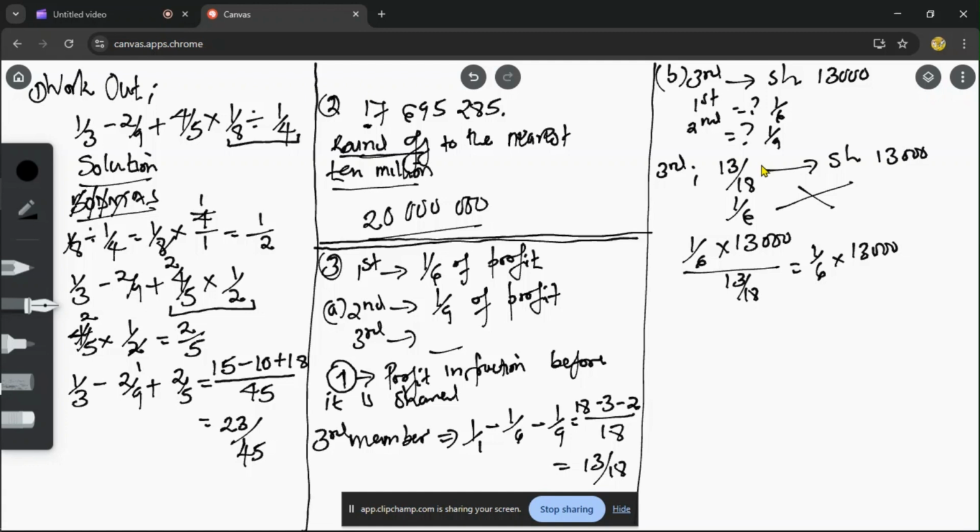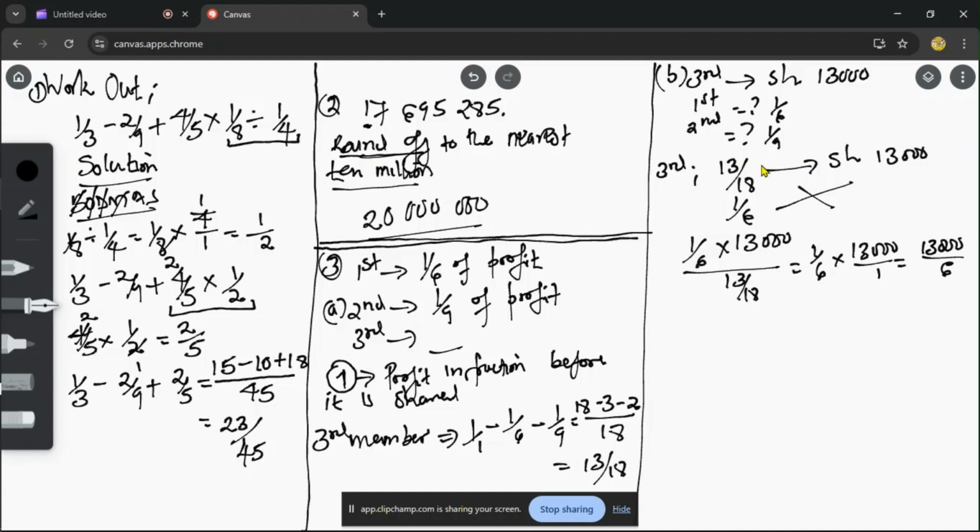This is the same as all over 1, because there is no number that 6 cannot go into 13, I can leave it like that. That I have 13,000. I'm dividing by 1 multiplied by 6, the same as 6. So the numerator, the answer is that one.